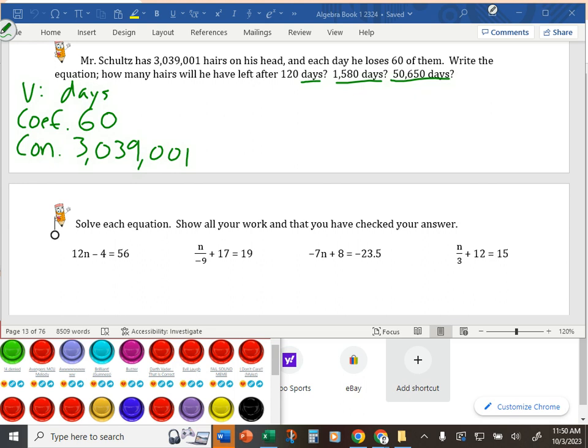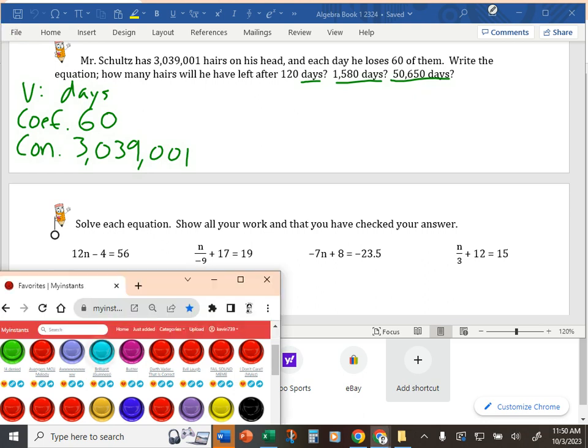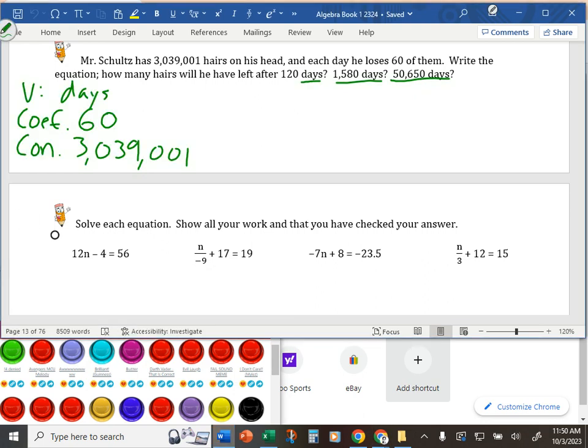Right? But I do want to go back to that 60 for just a bit. Right now I've got it written as positive 60, but in my expression, it's actually going to have to be a negative 60. Why is that? Because you're losing 60 of them every day. Because I'm losing the hairs every day, right?